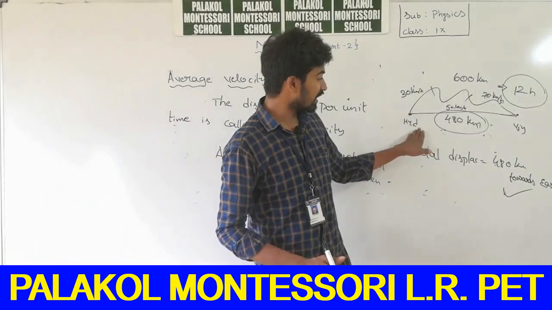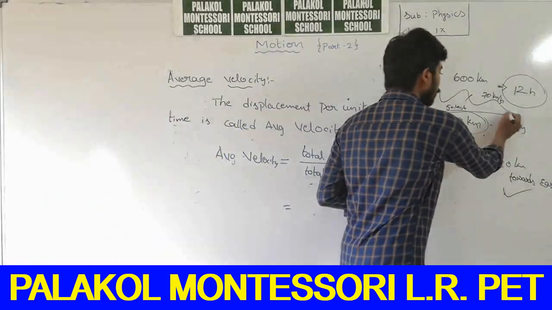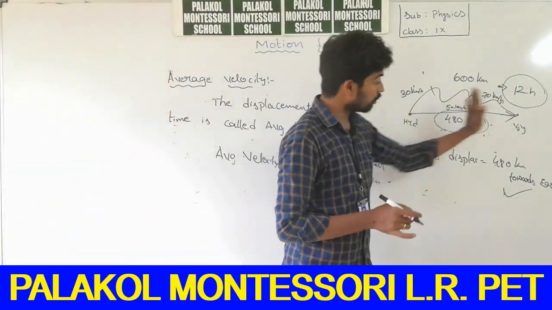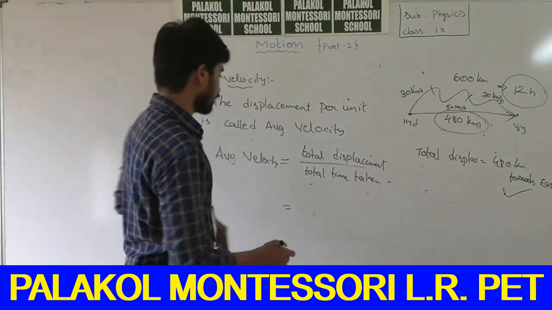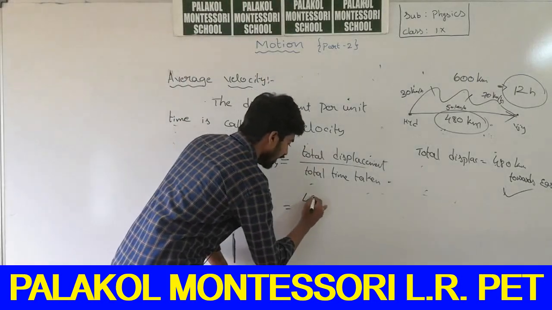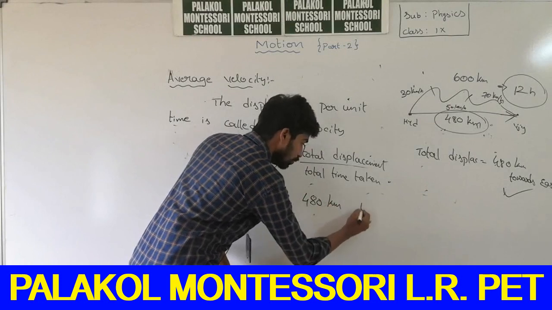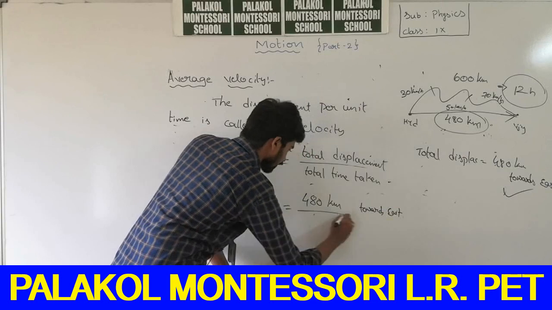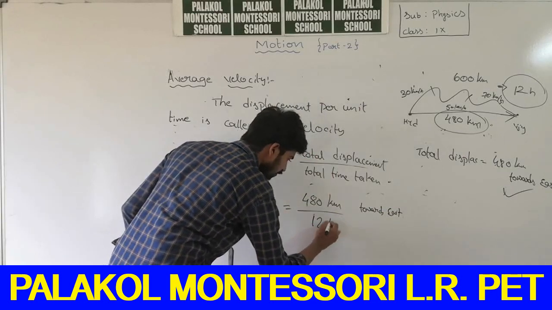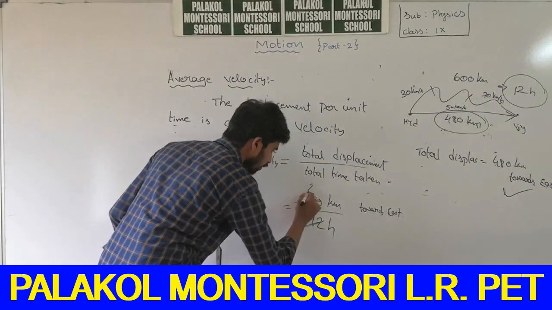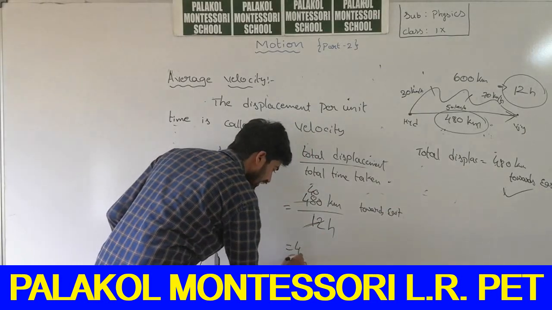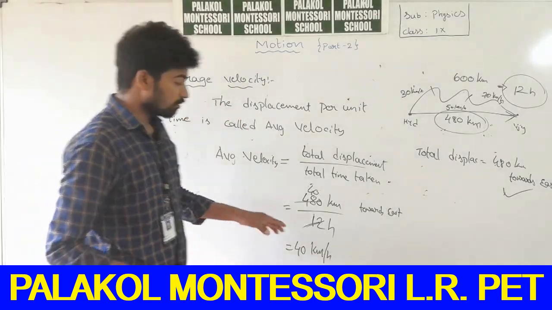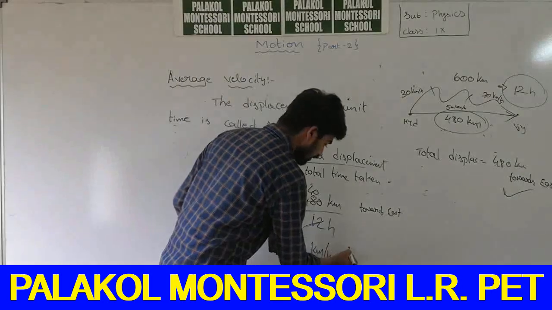The total displacement is 480 kilometers towards east, divided by the total time taken, 12 hours. That gives 40. So 40 kilometers per hour is your velocity. Average velocity is 40 kilometers per hour towards east.